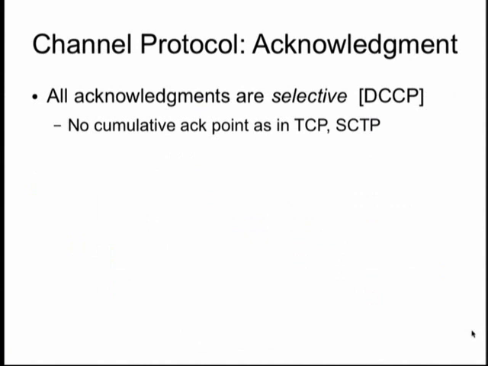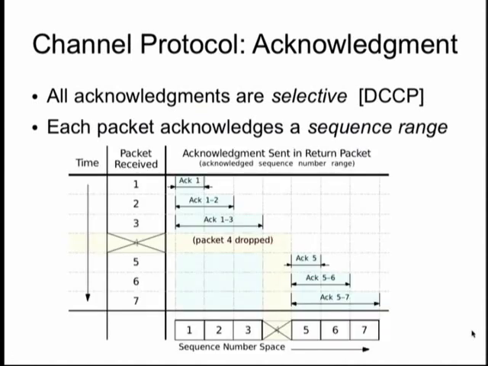It also includes acknowledgement information in every packet. All acknowledgements are selective. You don't acknowledge a cumulative point, but you only acknowledge specific packets or specific ranges of packets that you've received. Each packet contains fields to acknowledge exactly one sequence range.